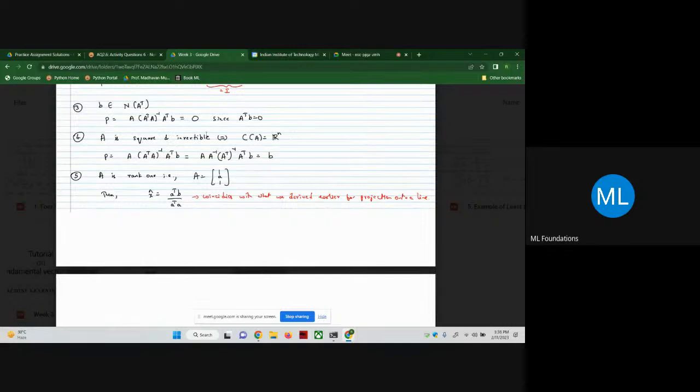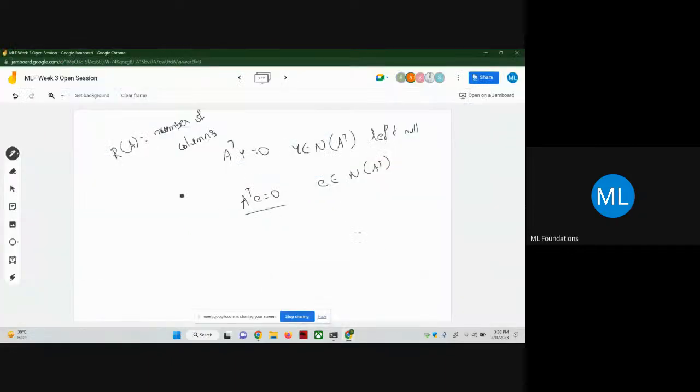If A is square and invertible, then the column space of A contains the entire dimension. Let's consider a 3 cross 3 matrix whose rank is 3, which implies the dimension of the column space of A is 3.